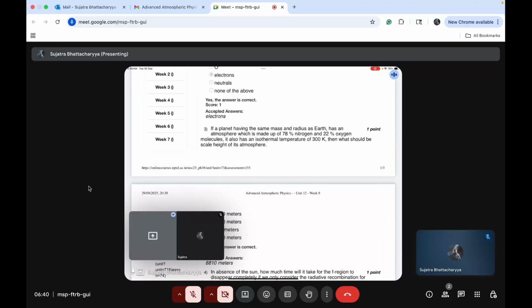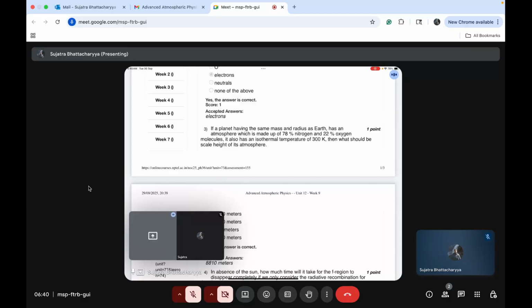Simple. This question is particularly focused on calculating the scale height of the atmosphere, and it is an Earth-like planet. It is mentioned here that mass and radius are the same, and the atmosphere constitutes 78% nitrogen and 22% oxygen. Although in Earth's atmosphere it is not exactly 22% oxygen, it is 21 point something, and the others are different trace gases, which constitute the greenhouse gases and others.